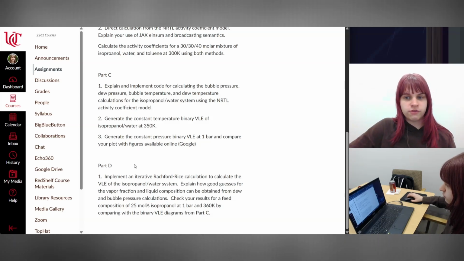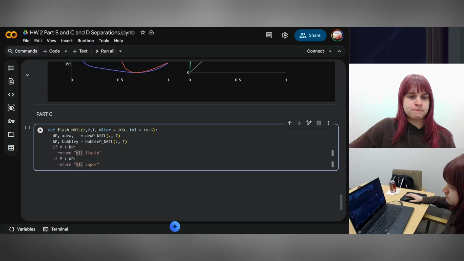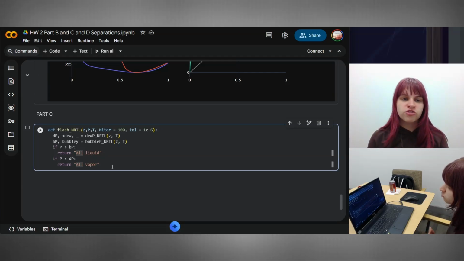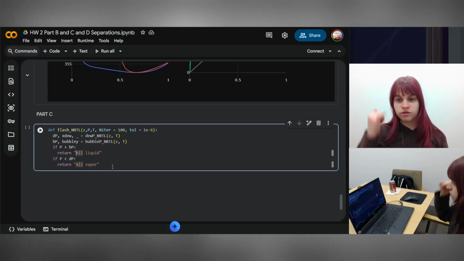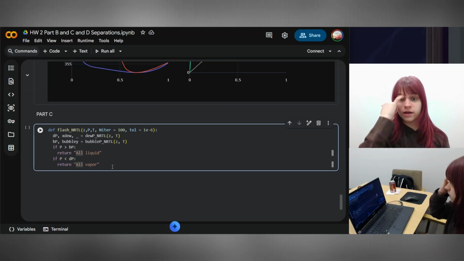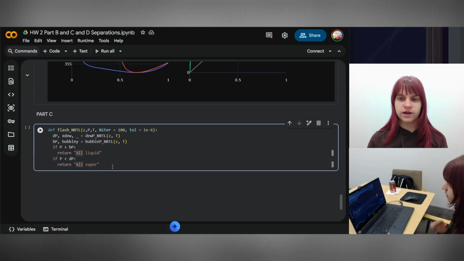So we want to start off with an initial guess for phi. Essentially, we need a good starting point, because if for some reason we were starting outside of like an acceptable value, so if we were outside of being between 0 and 1, we would have many errors in our calculation.